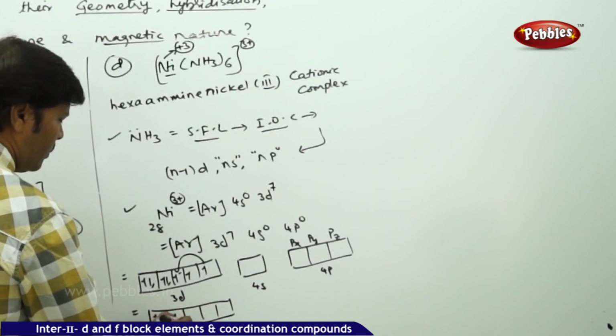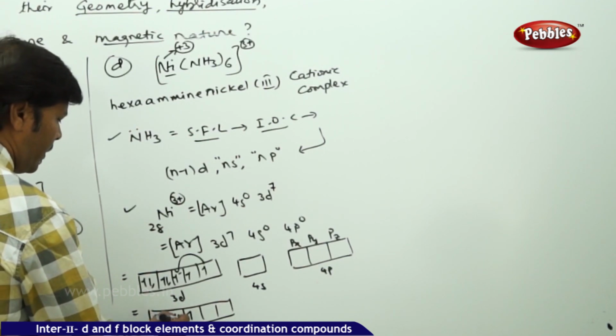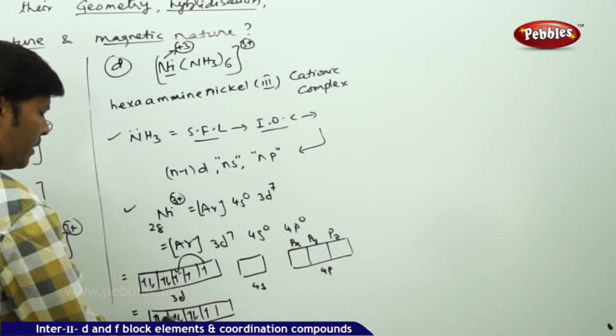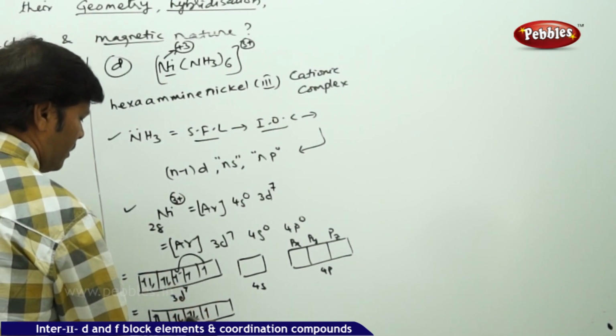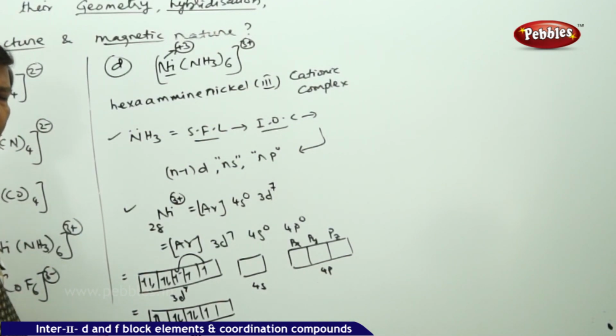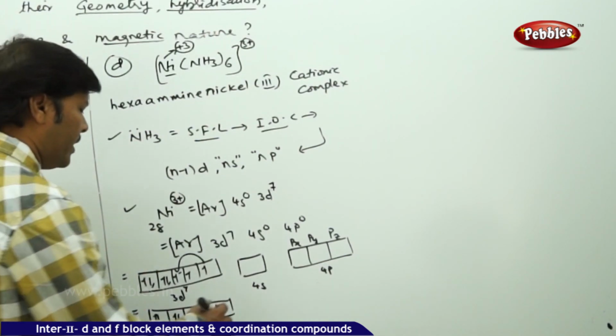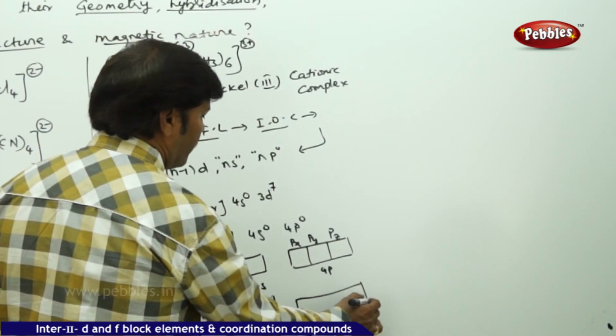So 1 2, so when it is coming over here, 1 2 3 4 5 6 and 1 unpaired electron is there. So this is the status of the 3d7 electrons after forcible pairing up, because it is violating Hund's and Aufbau principle, and you have the vacant orbitals here, 4s, and this is also 4p.